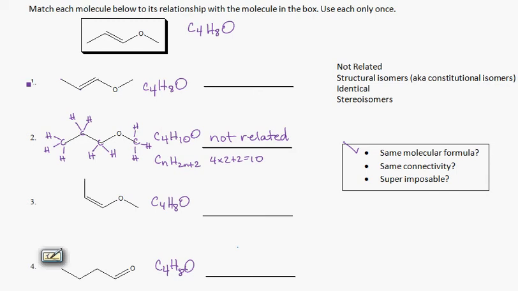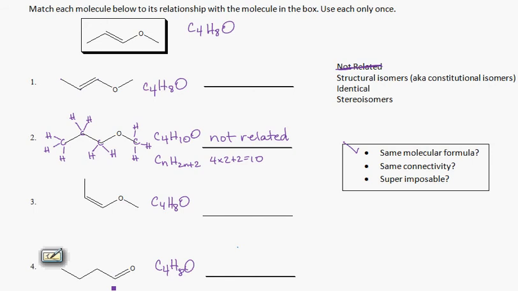We're looking for something that doesn't because we are now trying to find our structural isomers. If we look at number 3, it's shaped a little bit differently, but we still have a CH3, a carbon-carbon double bond with a hydrogen on each, an oxygen, and then another CH3. If we look at choice 4, however, we have a CH3 and then a carbon-carbon single bond. So that connectivity is different.